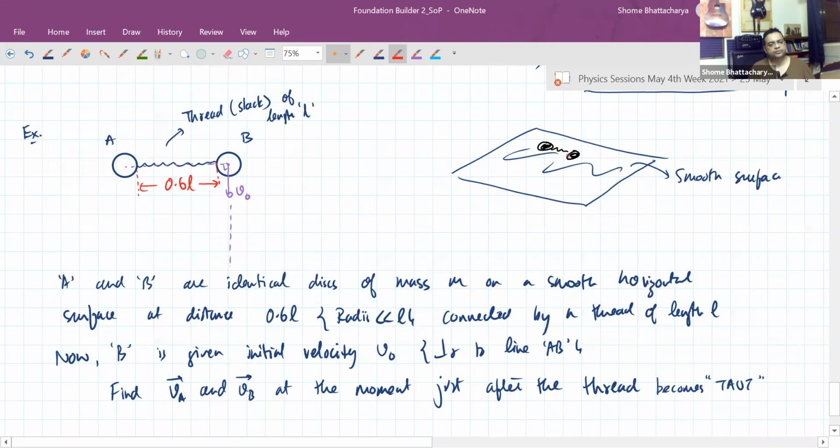And then we set off B in this direction, along the surface only, but perpendicular to the line joining it. So gravity is going into that plane. So this is like the top view of a smooth horizontal surface. So here gravity is like this.